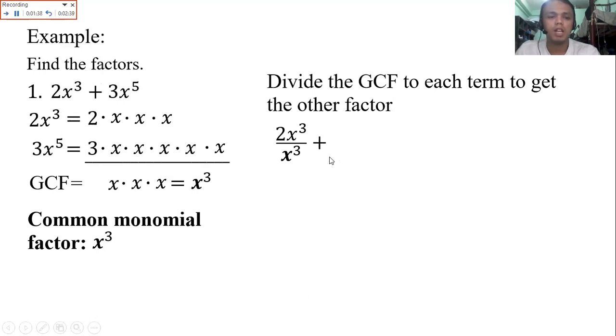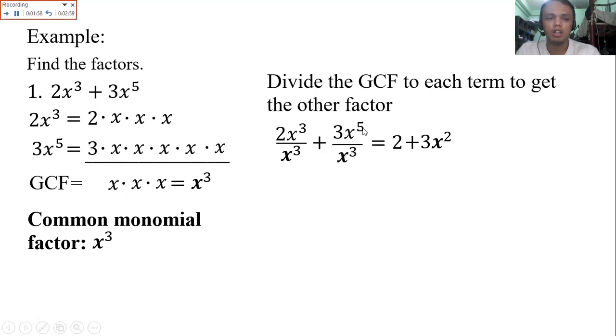And then plus 3x raised to 5 divide by x cubed. Now, here cancel out natin yung x cubed. We have 2 here. Copy natin yung 3 and then x raised to 5 divided by x cubed, that is equal to x squared.